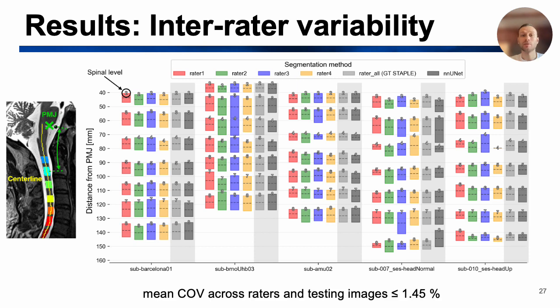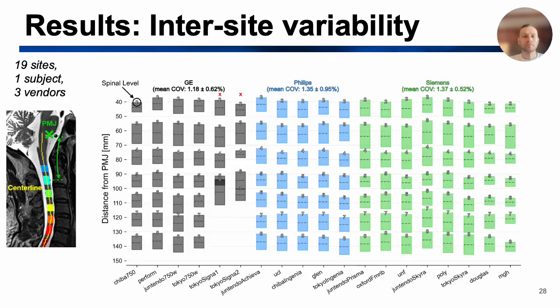Manual raters demonstrated excellent mutual agreement, with the mean coefficient of variation across raters and testing images below 1.45%. The spinal levels obtained from the ground truth STAPLE segmentation, shown in light gray, did not significantly differ from the levels obtained using the developed segmentation model nnUNet, shown in dark gray, for any of the testing images.